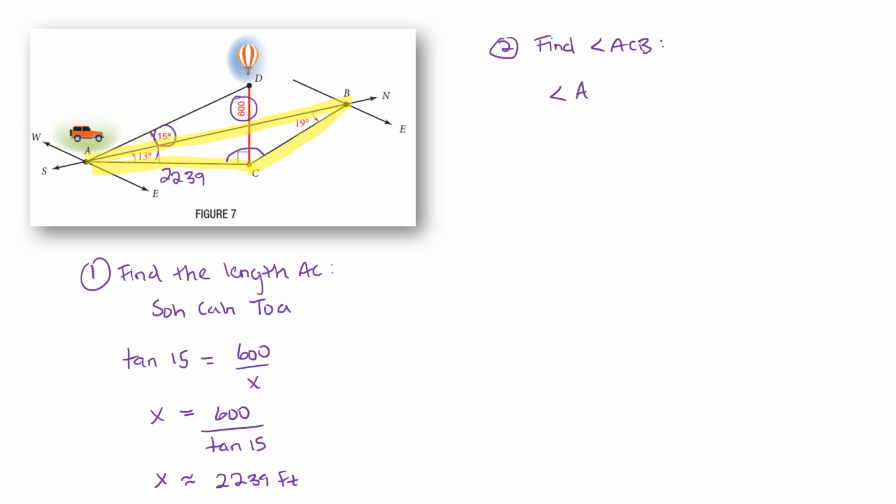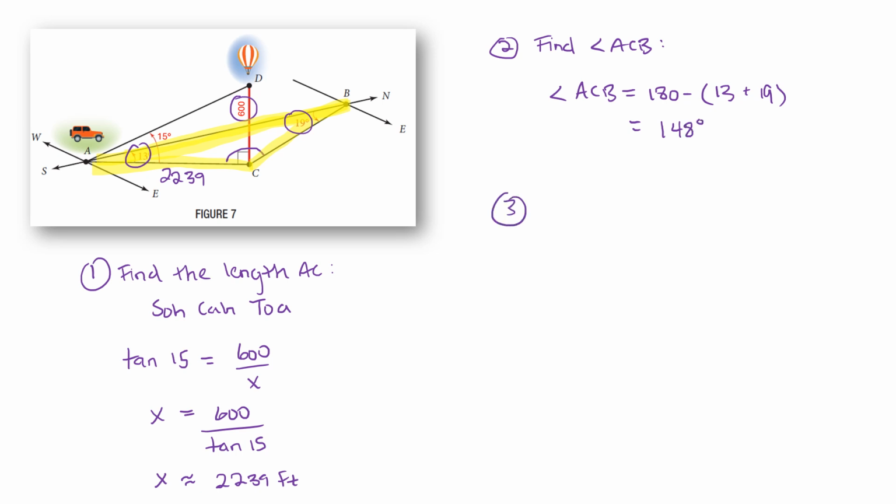So the angle measurement of C is going to equal 180 minus the sum of our other two angles, the 13 degrees and the 19 degrees. When we simplify that, we get 148 degrees.